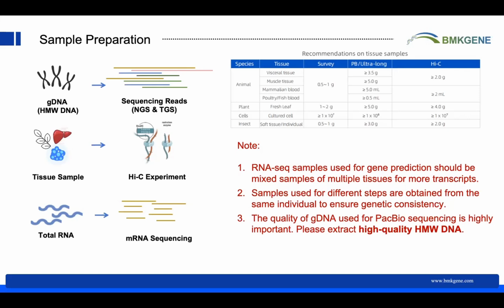For example, if you just send NGS with one sample and TGS with another sample, then when we do the back evaluation, we will find some reads that will not be mapped to the assembly based on the TGS data, because some sequences of the different genome parts will be unmapped.